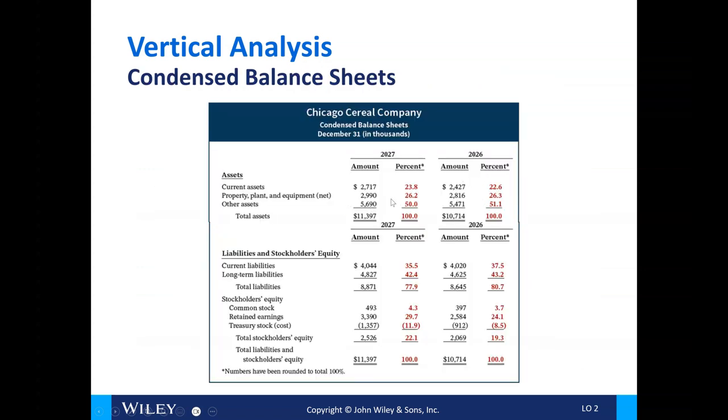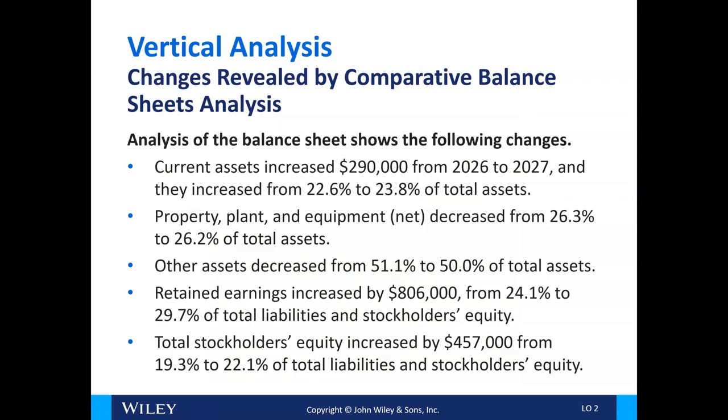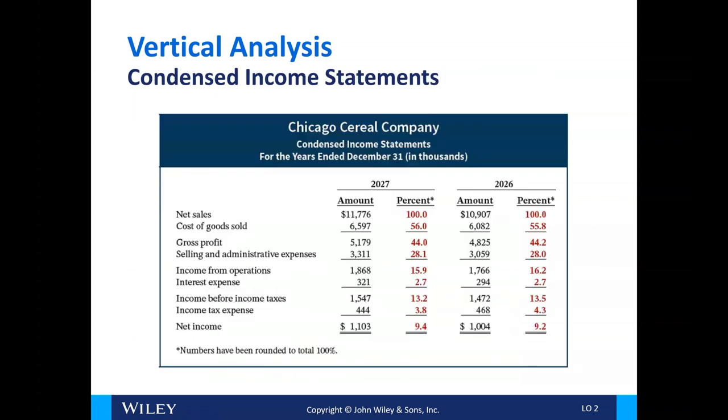This is pretty even, 26.2, 26.3. So really, other assets went down as a percent while your current assets went up. There's probably a reason for that. It may be logical, and it may not mean anything. I can't think of a reason right now, but it could be just a logical reason. But you're going to go through that and look.